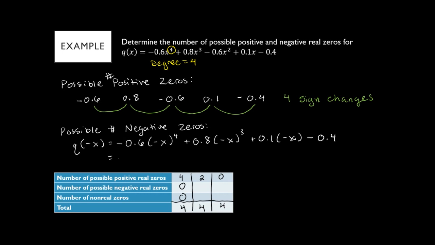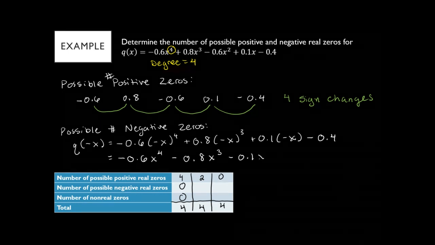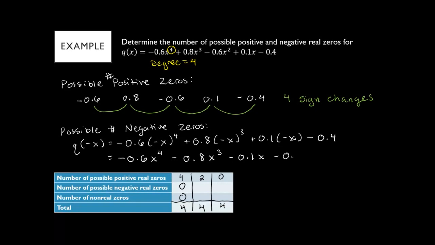So we've got an even exponent, so this stays negative. Then we've got an odd exponent, so it becomes negative. Then we've got odd, this is going to become negative. And then we've got a negative. And we end up with all of our coefficients negative, so we have 0 sign changes.